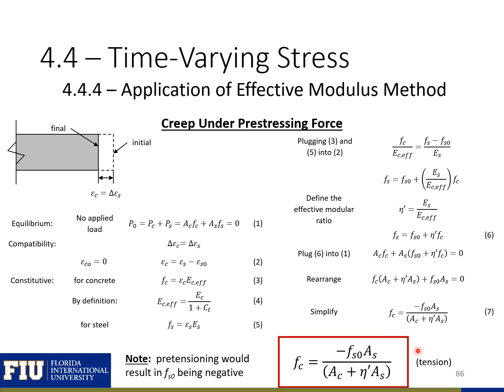And note that we have a negative sign, so this would be a tensile stress, but generally we're going to have tension in our pre-stressing, so this Fs naught will be negative. So a negative times a negative would give us a positive value, showing that our pre-stressing is going to cause compression in our concrete.